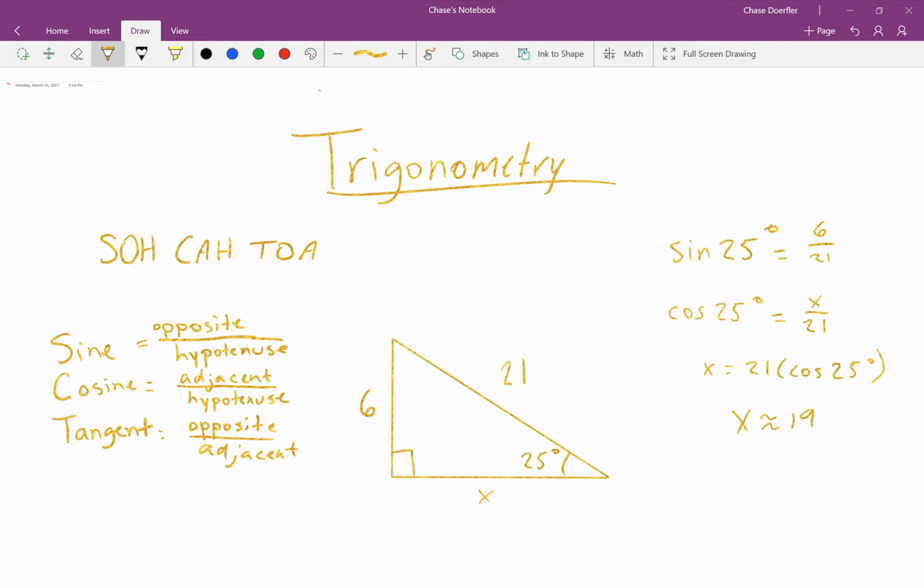Given that, tangent of 25 degrees will be equal to 6 over 19. And this would actually be used a lot.